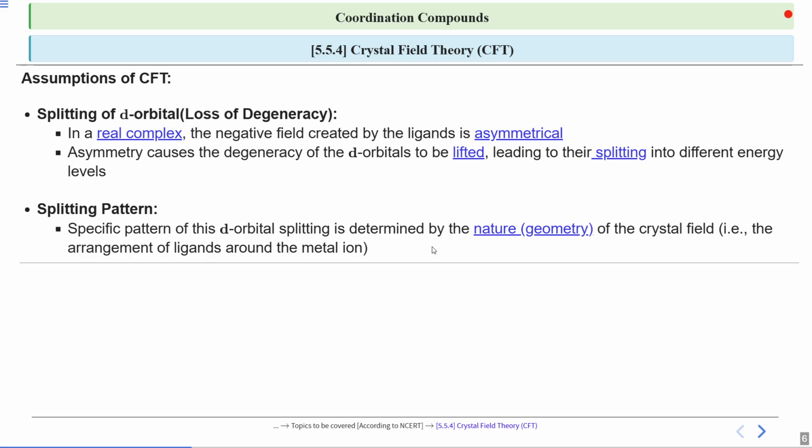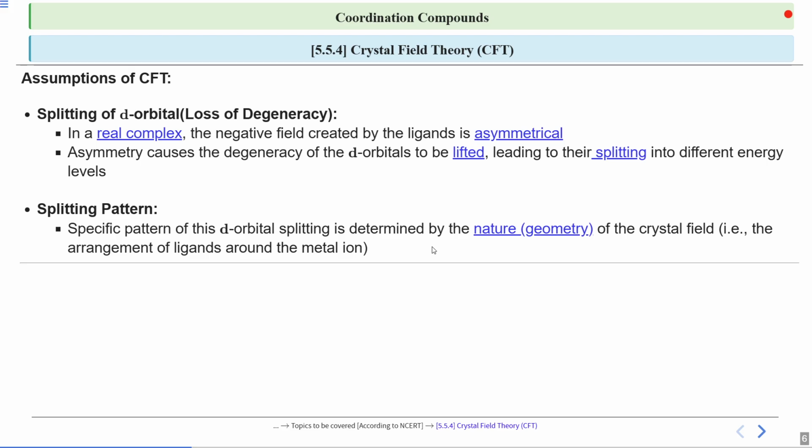How the arrangement of ligands is around the metal ion decides the geometry of the specific complex, which determines the specific pattern of d orbital splitting that takes place in the complex.